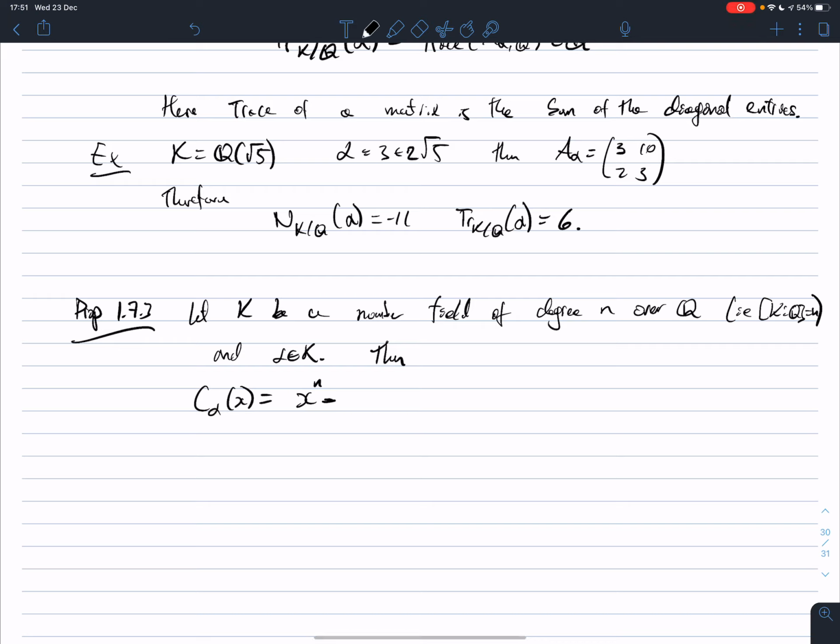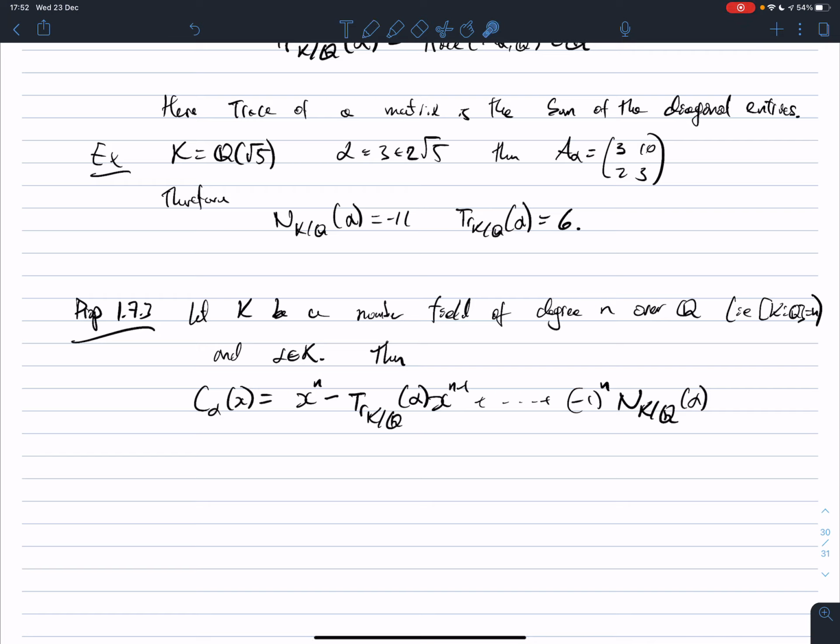This is x to the n, since the characteristic polynomial is always monic. The next coefficient, well, minus the next coefficient is the trace, so that if you look at the coefficient of x to the n minus 1, then minus it is the trace. And you have a bunch of other entries, and then the last one is going to be minus 1 to the n times the norm K over Q of alpha.